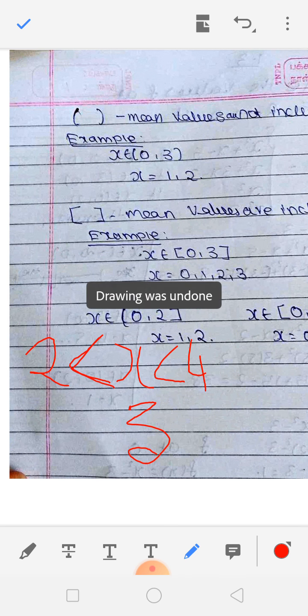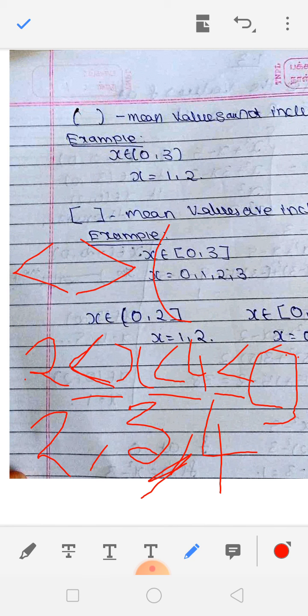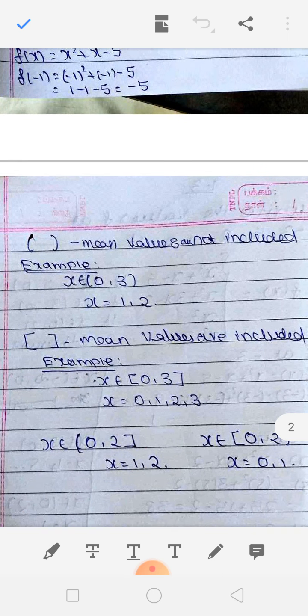Less than or equal to means 2 is also included, 3 and 4 also included. Closed bracket means the end values of the interval are included. Simple less than, simple greater than means open bracket, so the end values are not included. This is basic.